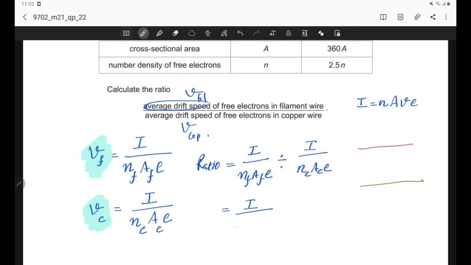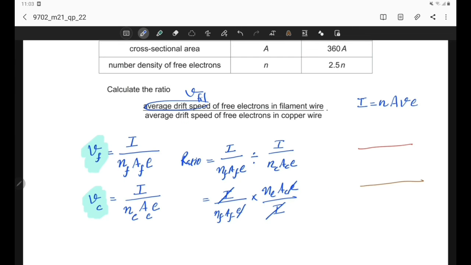So we will get I over NFAFE times NCACE over I, where I is common and E is constant, common. So we will get this is equal to number density of copper times area of cross section of copper over number density of filament wire times area of cross section of filament wire.